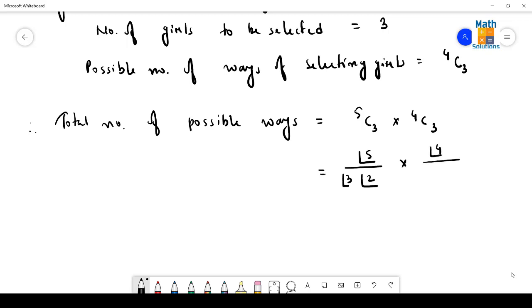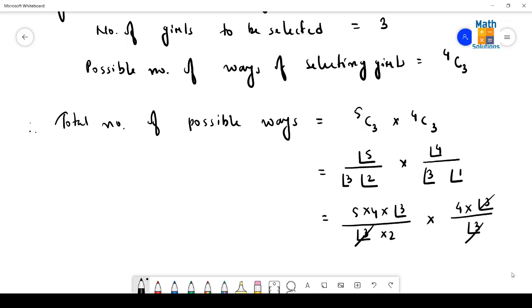This is the combination formula I am applying here. After breaking it, 5 into 4 into 3 factorial, divided by 3 factorial into 2, into 4 into factorial 3 divided by factorial 3. These two got cancelled, these two again got cancelled. So the result will be 40, and that is the answer.